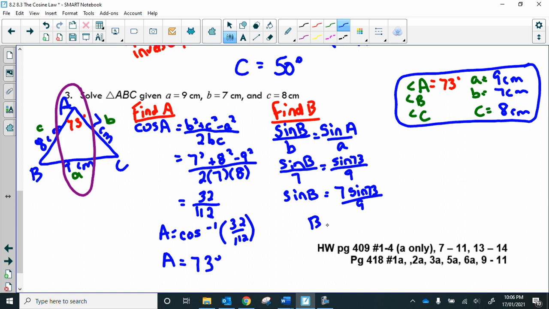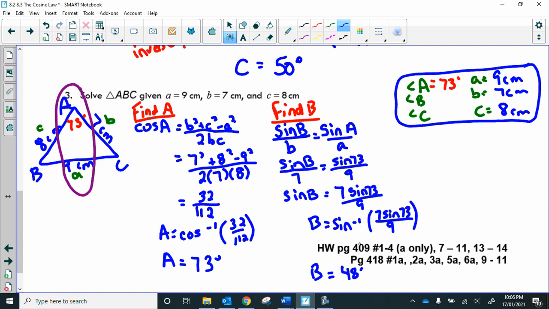And then because I'm still solving for an angle, I'm going to have to use that inverse. So again, this is good practice with your calculator. You can try pausing the video, try plugging that into your calculator, and you will get 48 degrees.